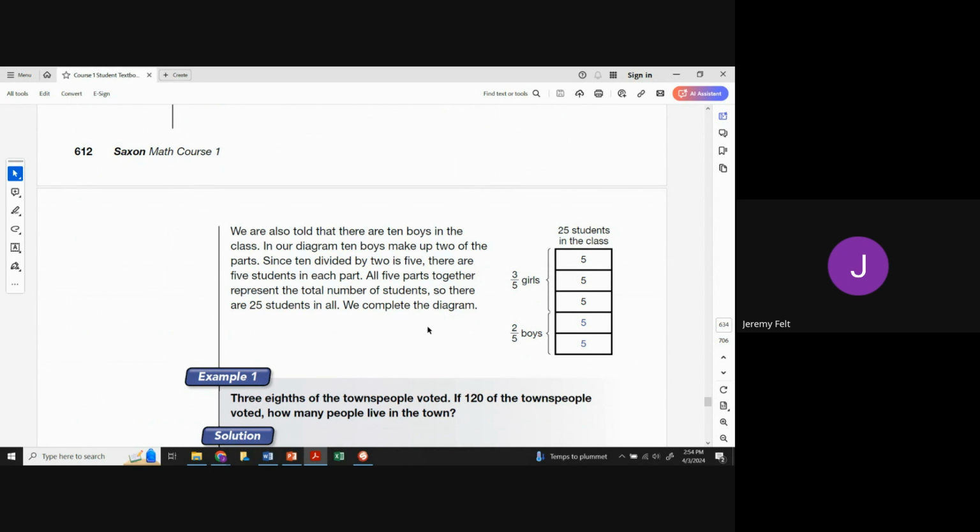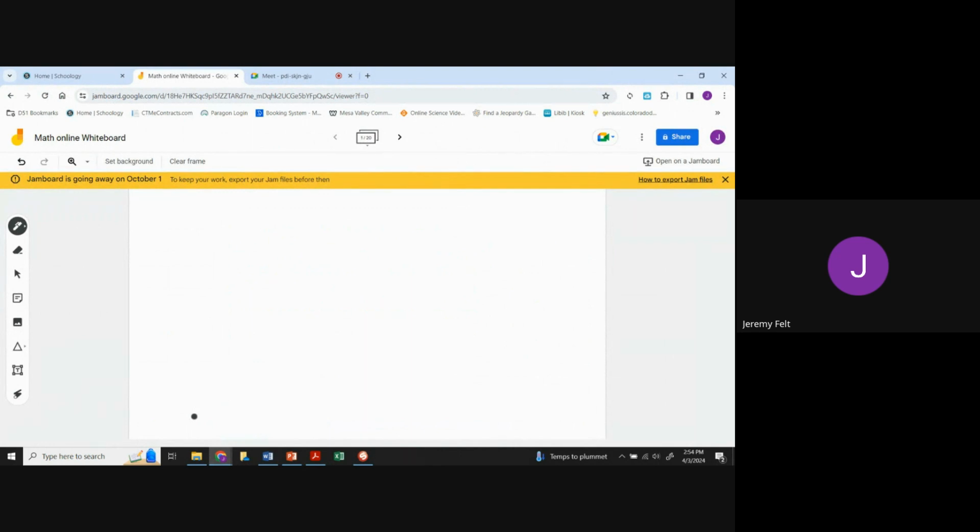3/8 of the townspeople voted. If 120 of the townspeople voted, how many people live in the town? So let's go over the method they use.